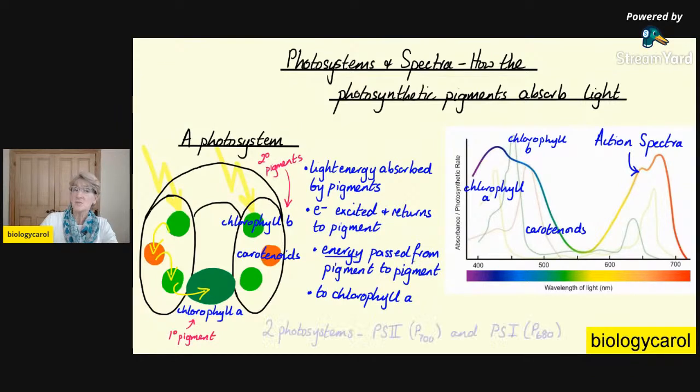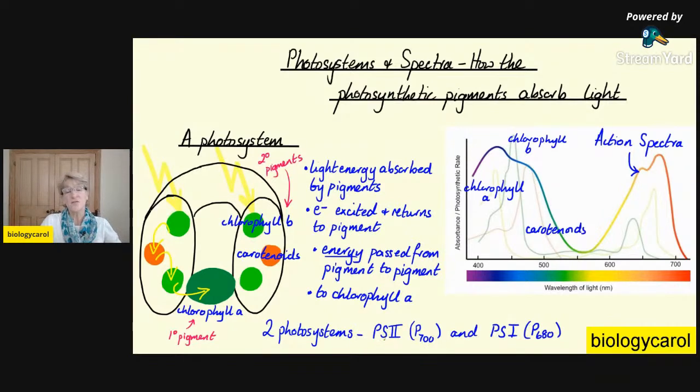Now, you need to be aware that there are actually two different types of photosystem, and they are photosystem 2 and photosystem 1. I'm doing them in that order because that's the order that you are going to come across them when we discuss the light-dependent reaction of photosynthesis.